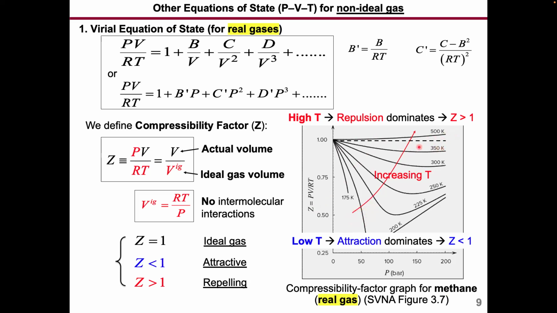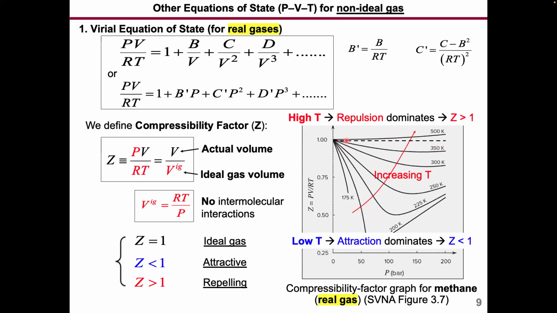So usually we can see that at low pressure but high temperature, the system is actually behaving like an ideal gas. So we are talking about this particular section, okay?